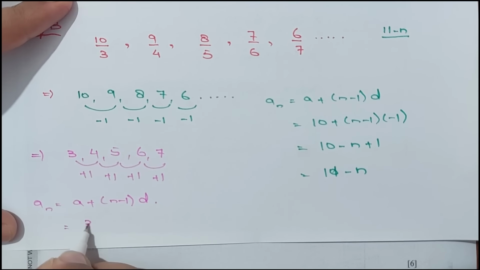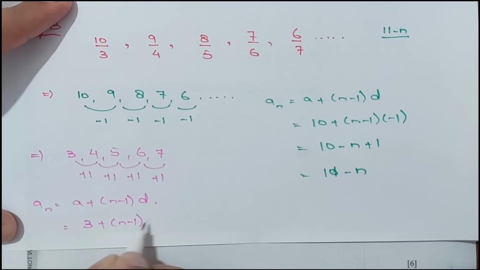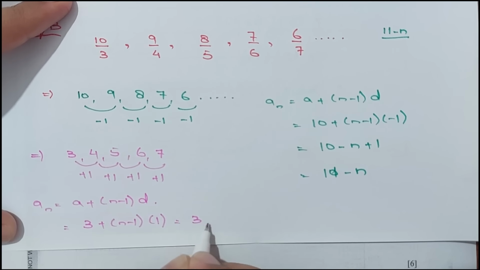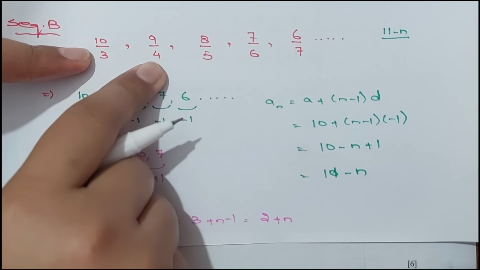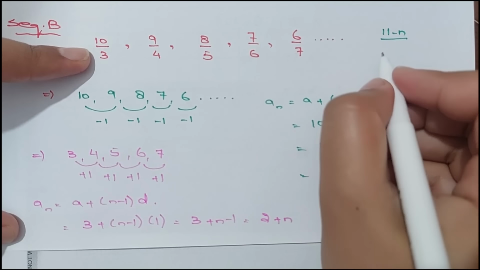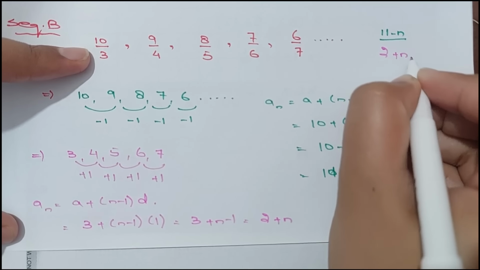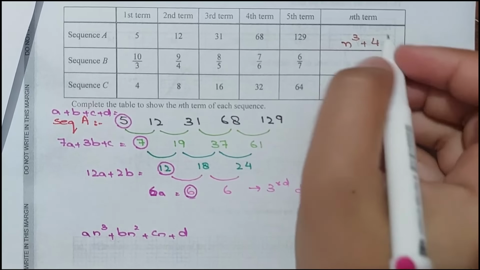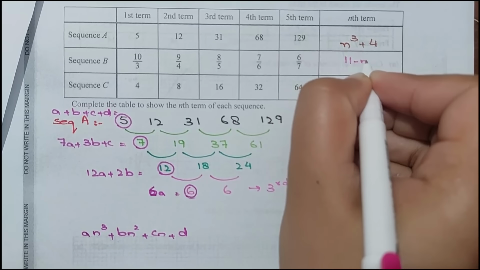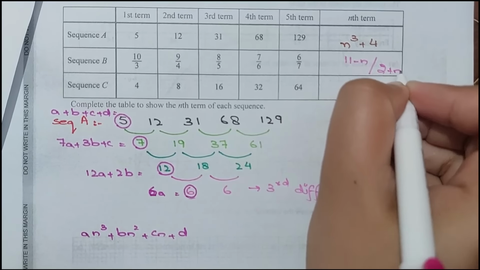A is the first term of the sequence, n minus 1, d is 1. So 3 plus n minus 1, which is 2 plus n: 2 plus 1, 2 plus 2, 2 plus 3, 2 plus 4, 2 plus 5. So this is 2 plus n. So 11 minus n over 2 plus n is for sequence B.